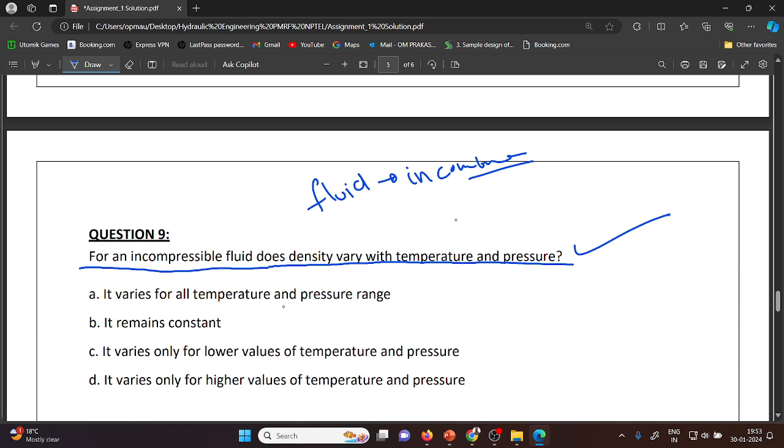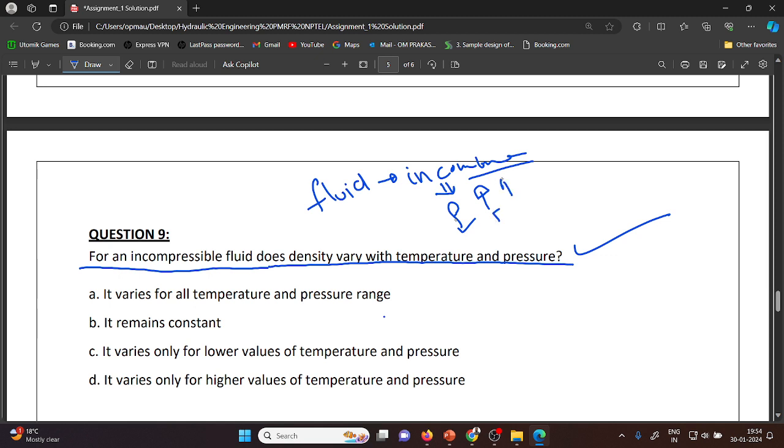No. Here the question is like that, and you need to select option A, B, C, D. For an incompressible fluid, does the density vary with temperature, whether with temperature this density will change, or whether this density will change with pressure.